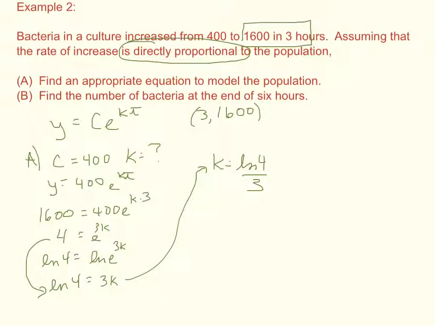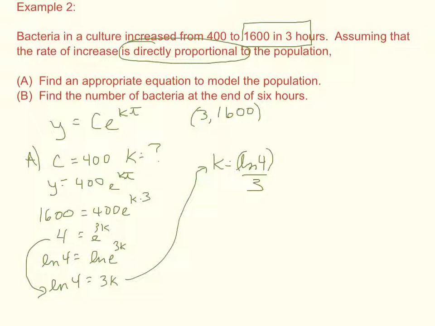It's a little bit of a pain to write it out, but you can always keep using your k in the problem from here on out, or assign it even a different variable if you wanted to, and then just use that calculation. But just be very careful when you're entering this into your calculator, because this is the ln of 4, parentheses, divided by 3, and it's really easy to forget that parentheses, and then it messes you up.